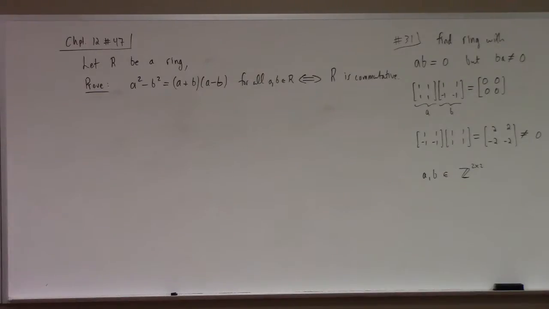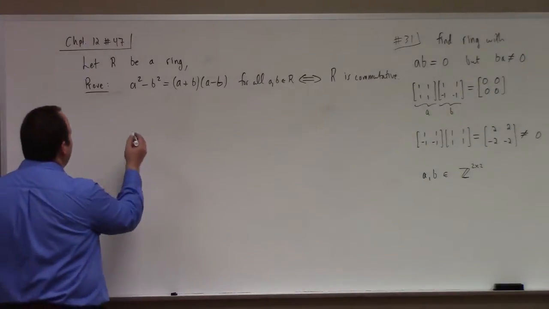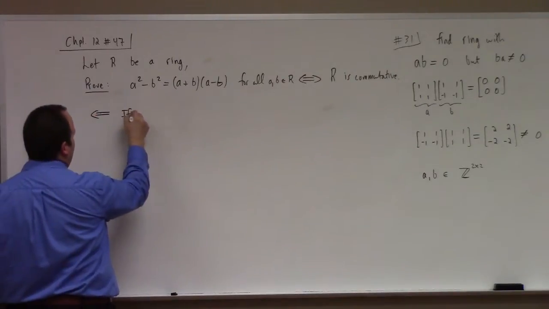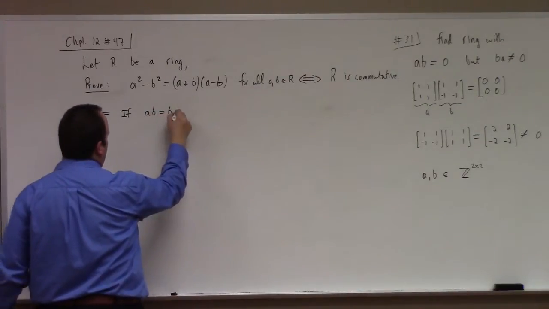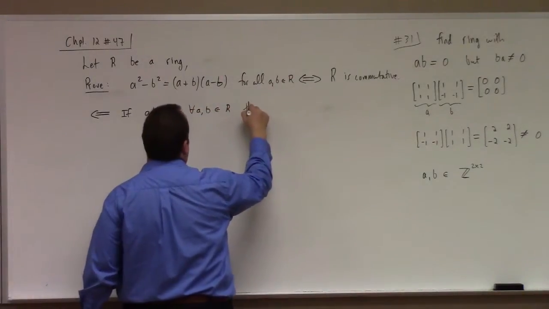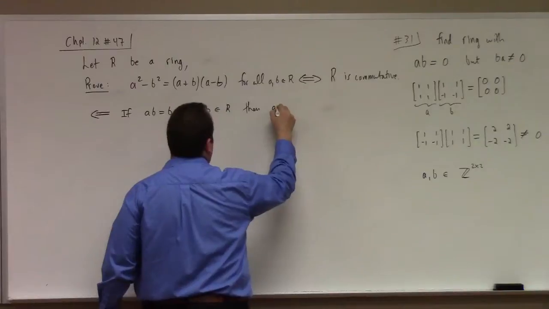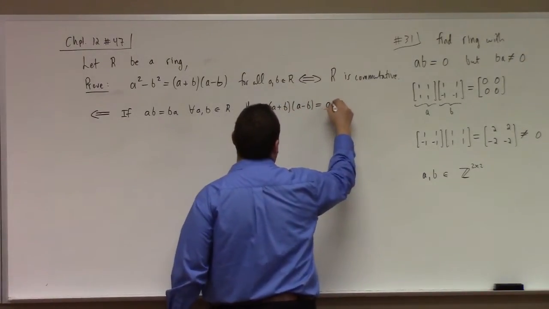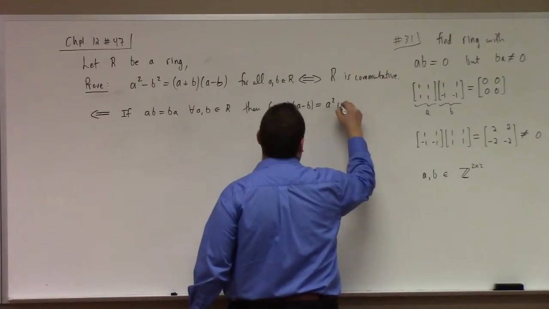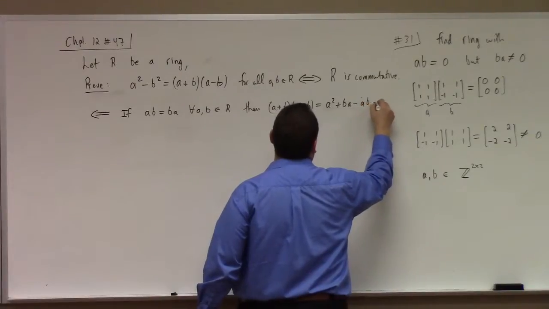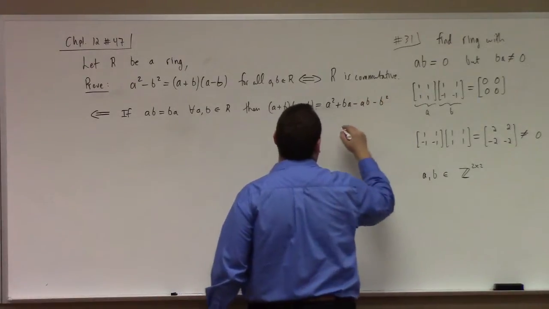All right, so I'll do the easy direction this way. If ab is equal to ba for all a, b in R, then a plus b times a minus b is equal to a squared plus ba minus ab minus b squared, right?